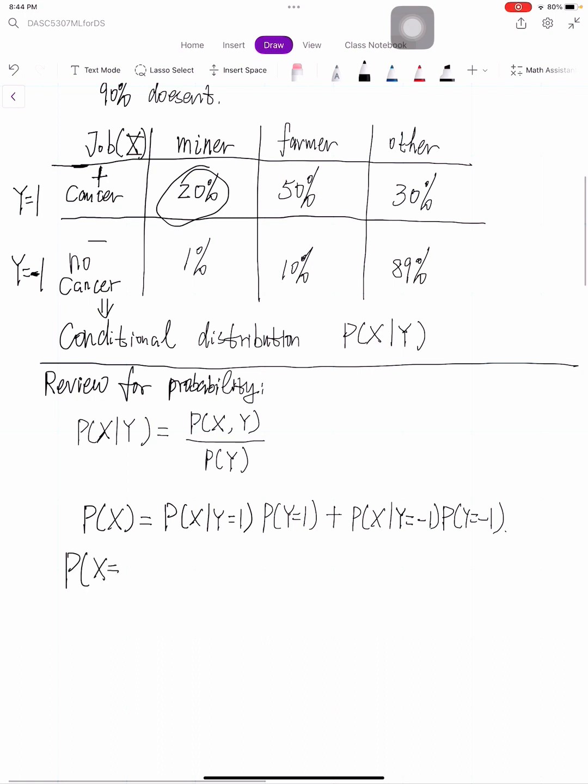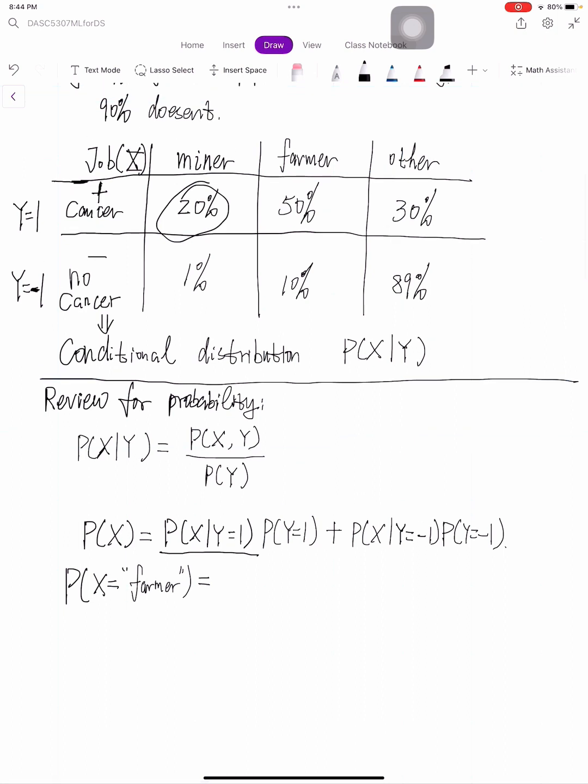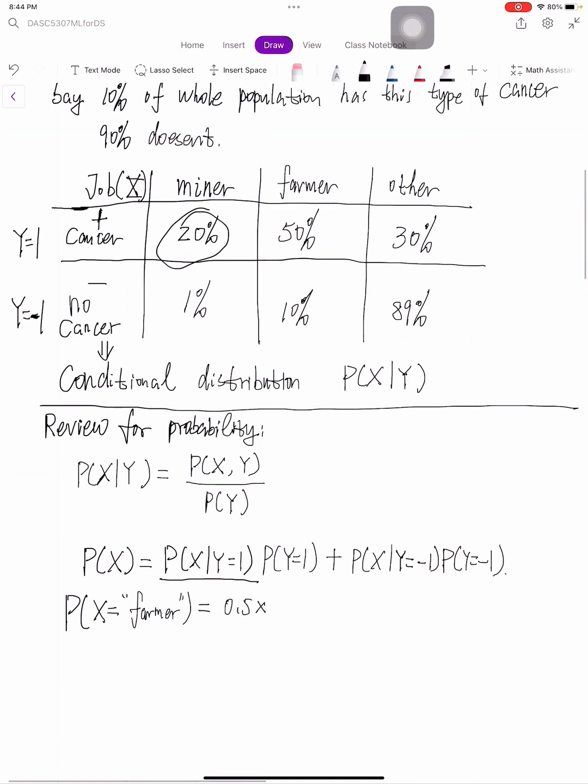So, for example, what's the probability you randomly pick a person whose occupation is a farmer? It equals x given y: among the cancer patients, what's the probability he's a farmer? That's 50%, multiplied by y equals 1.